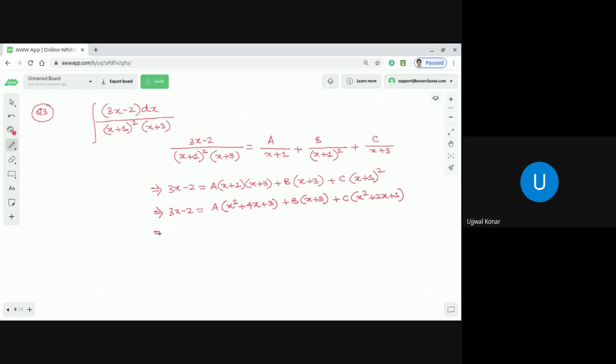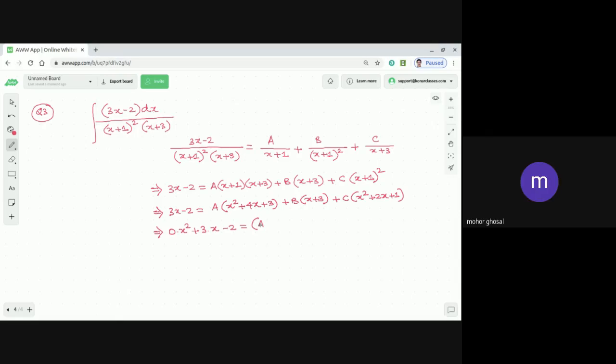From here, we get that the coefficient of x square in the left hand side is 0. So 0 into x square plus 3 into x minus 2 should be equal to (A plus C) into x square, no, dear students?